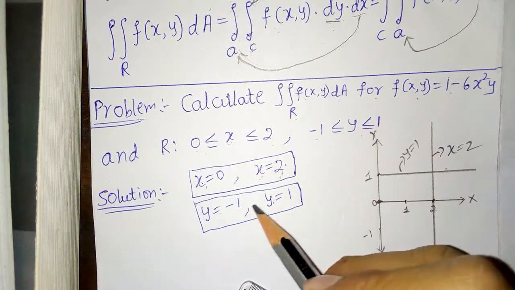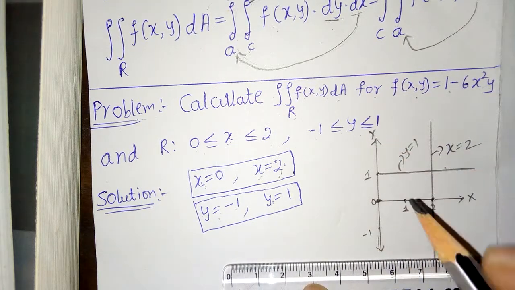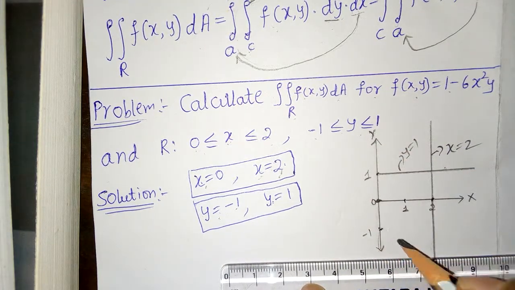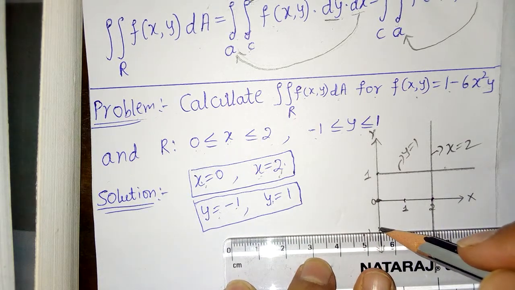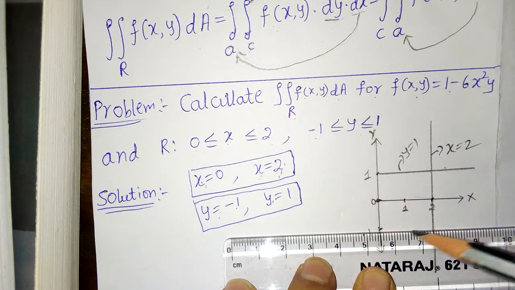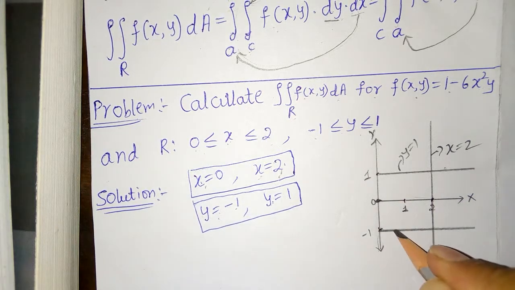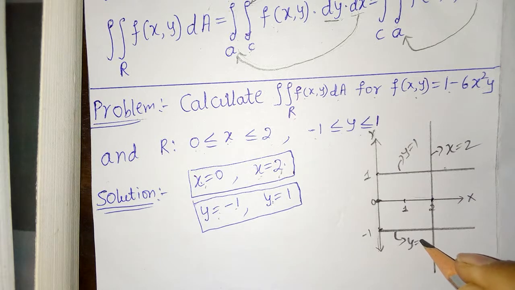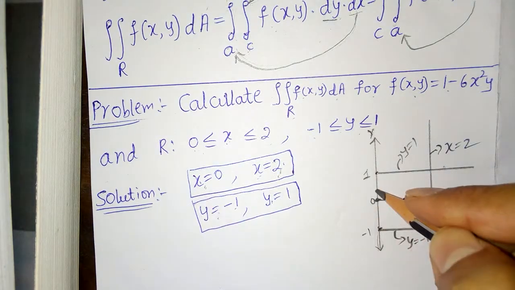Now they gave y is equal to minus 1. On the y axis at minus 1, if we draw a line parallel to the x axis, then that becomes the line y is equal to minus 1. The line x is equal to 0 is this line.